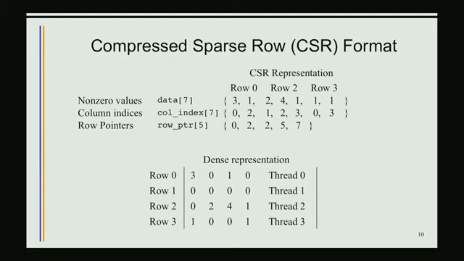Column index is a 0. Is a 1. Therefore, there's a 1 there. Column index is a 2, therefore there's a 2 there. Column index is a 3, therefore there's a 3 there, and so on and so forth. Right? So the column index is really the y-coordinate we can think of for the data. Okay, what we need is the x-coordinate.